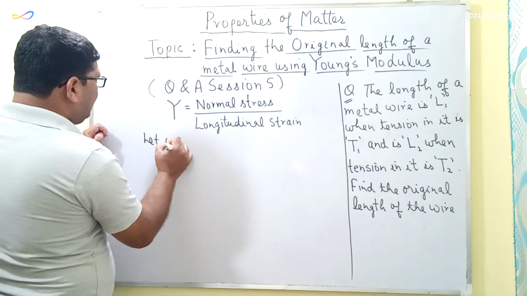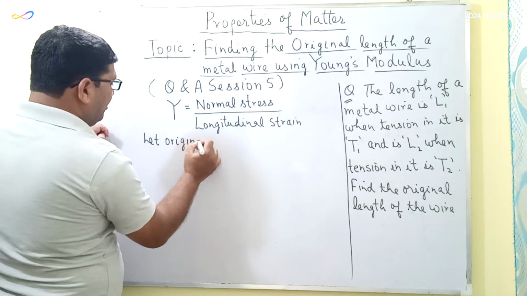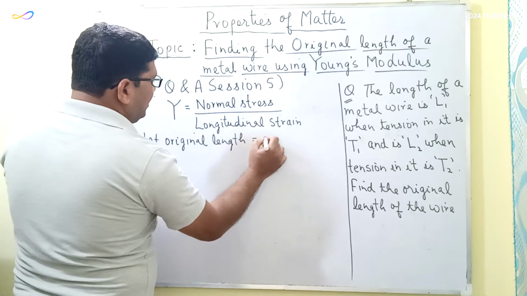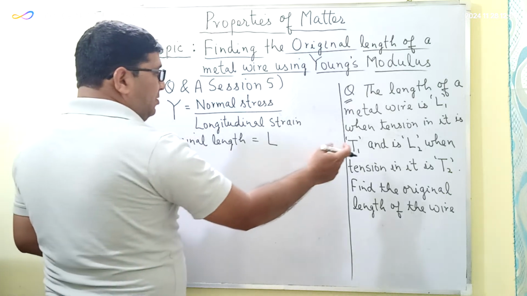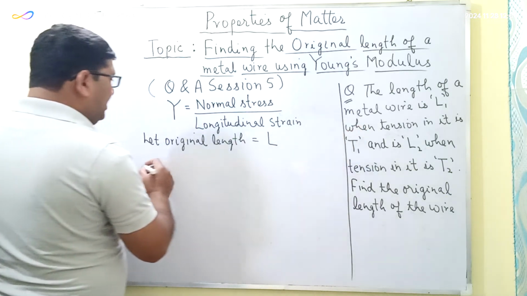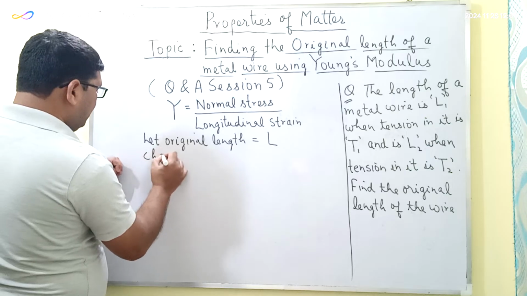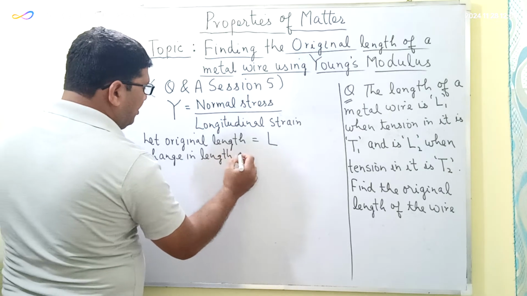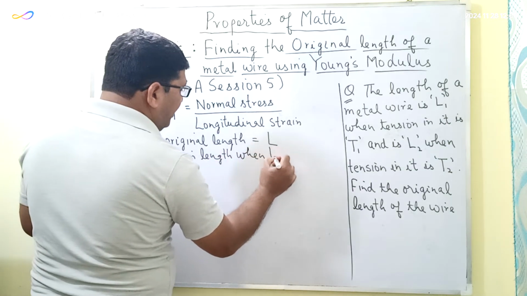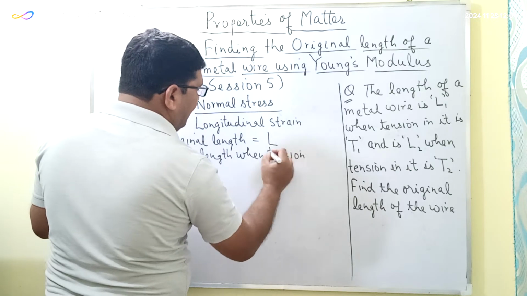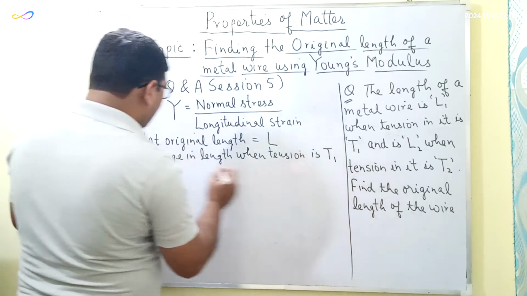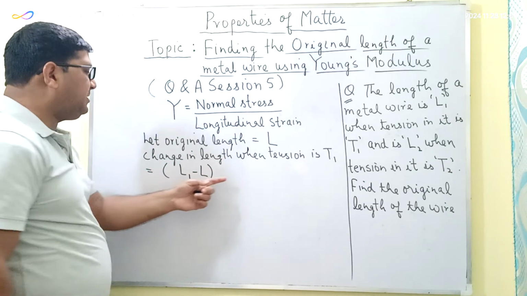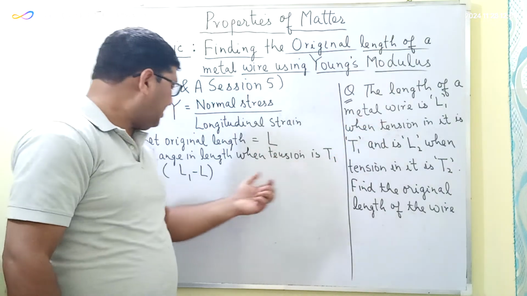Let us consider the original length of the wire is L. So, the change in the length of the metal wire when tension is T1 is equal to L1 minus L.